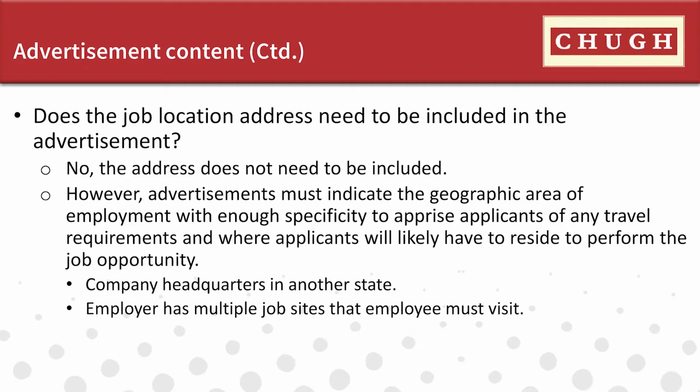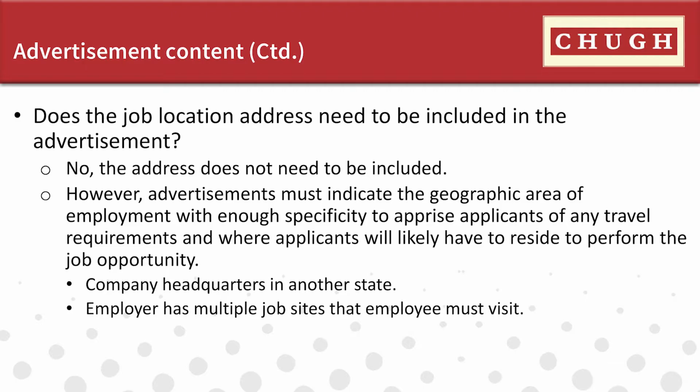As was noted in a previous slide, essentially what the employer needs to do is to provide the general geographic area of employment with enough specificity. We don't necessarily need to include the street number, the street address. Basically, the intended city and the intended state where the permanent job opportunity is available would need to be included in the job ads.